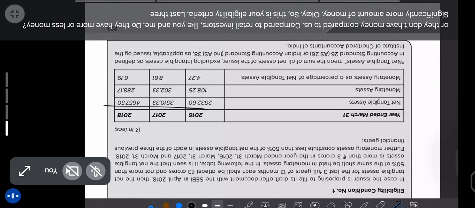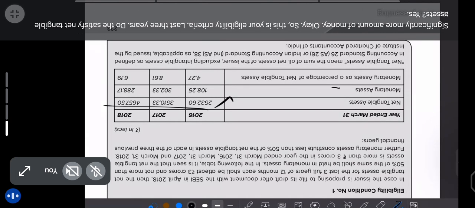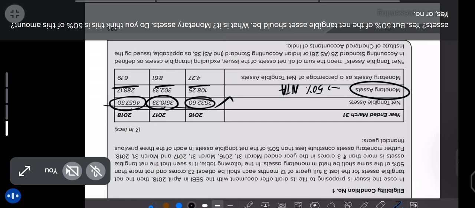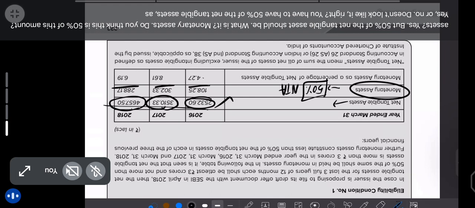Last 3 years. Do they satisfy net tangible assets? Yes. But 50% of the net tangible assets should be what assets? Monetary assets. Do you think this is 50% of this amount? Yes or no? Doesn't look like it, right? You have to have 50% of the net tangible assets as monetary assets, but it is only 4%, 8%, and 6%.